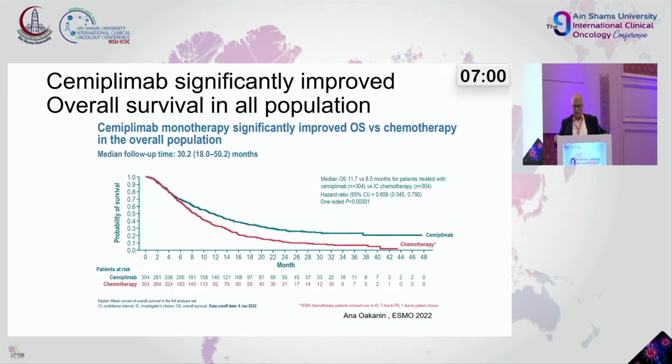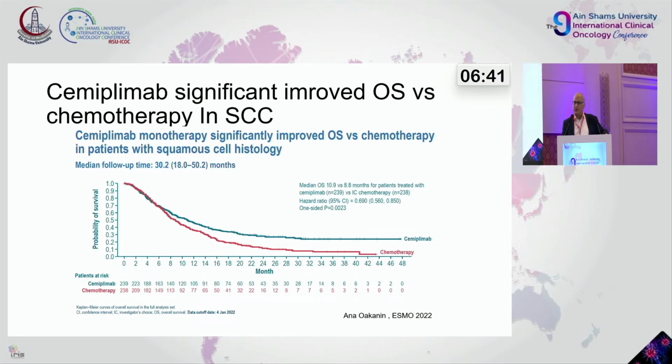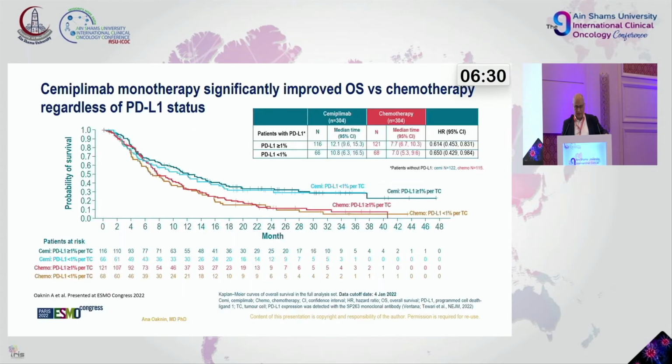You can see here this study was just updated at the last ESMO, presented by Anna O'Cannon. It showed that overall survival was 11.7 months versus 8.5 months for the chemotherapy. This is for the overall population and it was also significant for the squamous cell population, with 10.9 months versus 8.8 months, with a hazard ratio of 0.69.